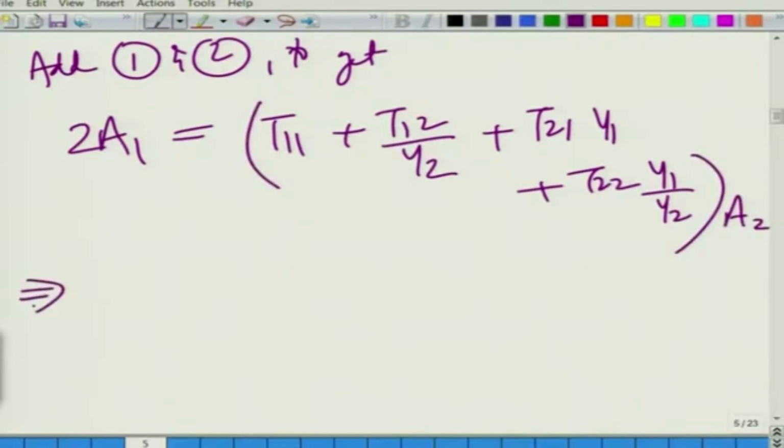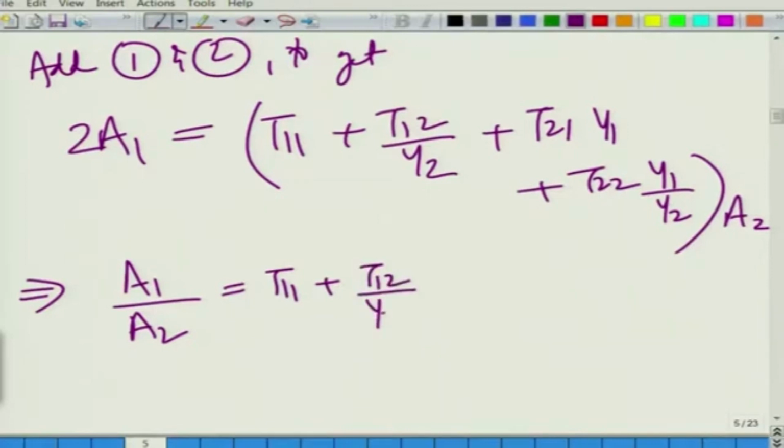So, A1 by A2 is equal to half of T11 plus T12 by Y2 plus T21 into Y1 plus Y1 by Y2 into T22.